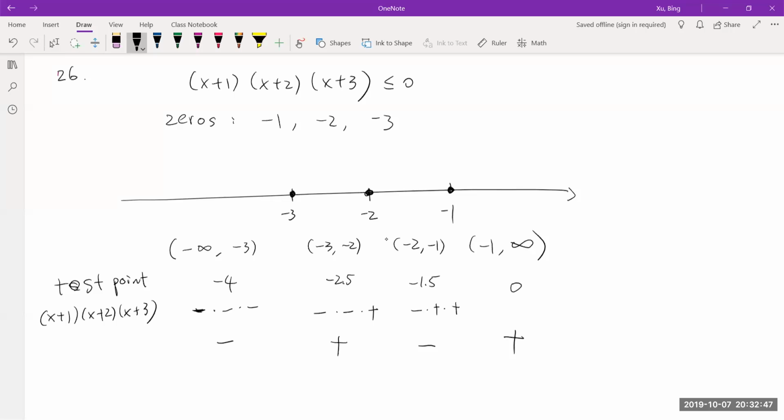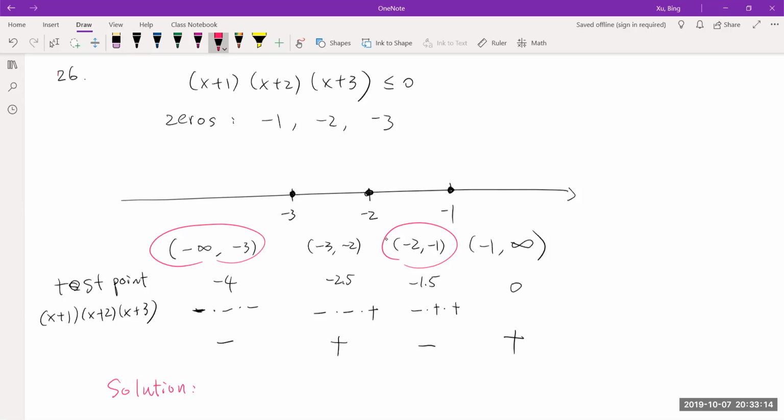Overall, positive. All right. So my solution intervals should be, let's see, I want it to be negative. So negative is this interval and this interval. My solution should be those 2 intervals plus the points.